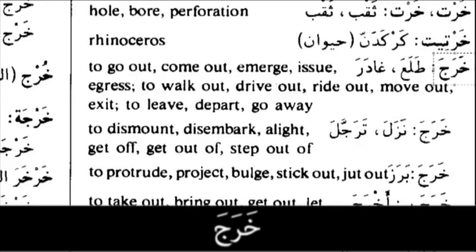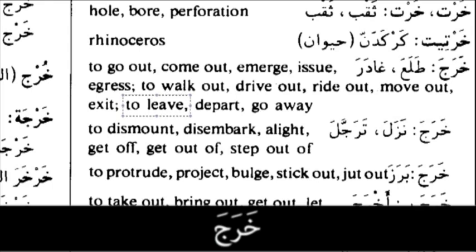Now it's important to know that when you locate verbs in this dictionary, you will find that they translate the verb in English with the word to and the verb in the present. For example, kharaja has been translated as to go out, or to exit, or to leave.